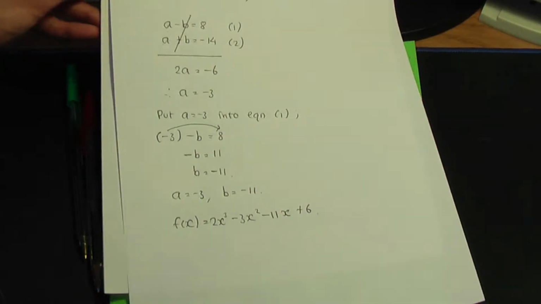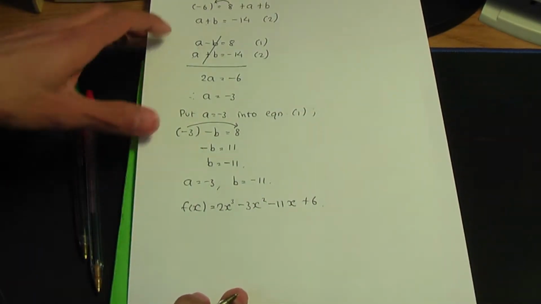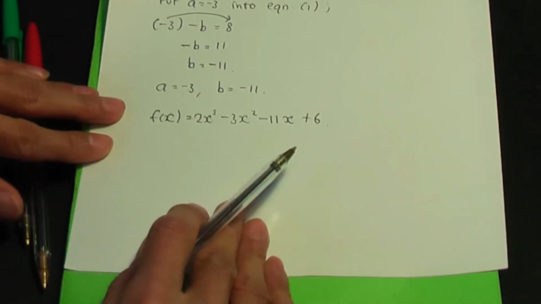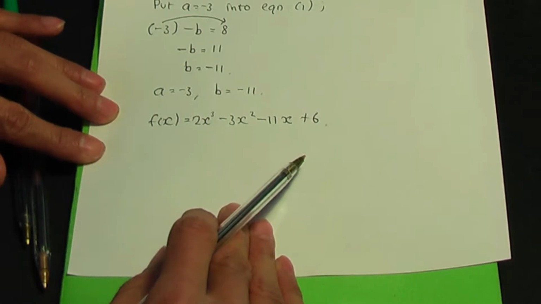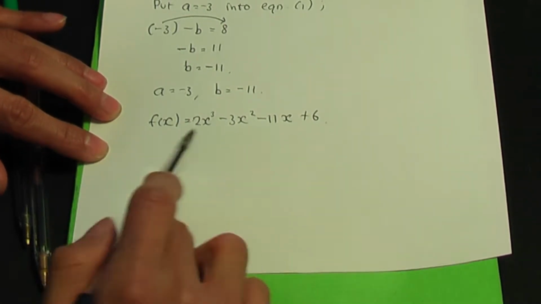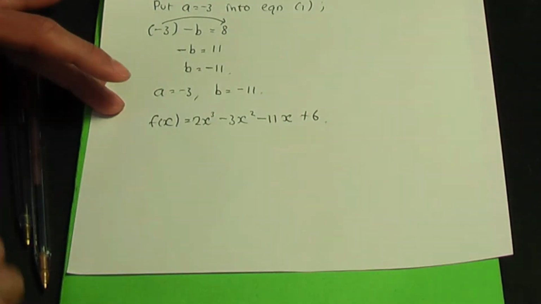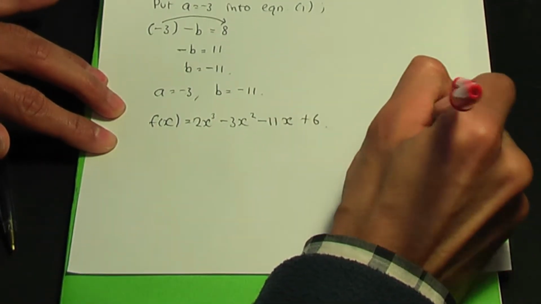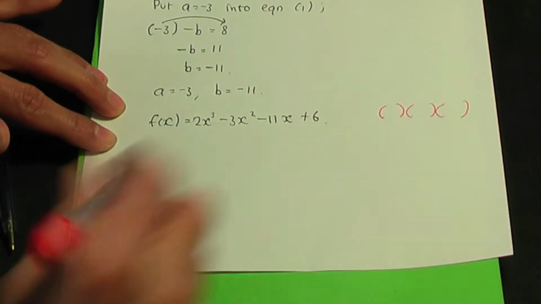Okay, so now we have this polynomial for f of x with a and b included. Now the question, remember, is to factorise this expression. Factorise this expression means we need to take this polynomial and express it as a product of 3 terms.